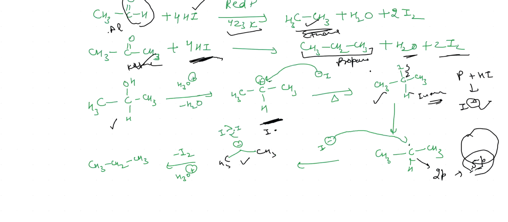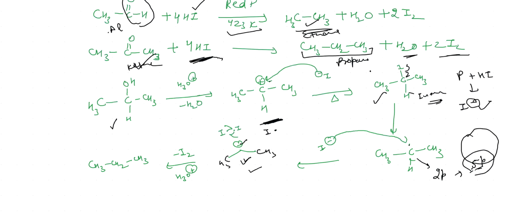This carbon is getting an electron from iodine, then it will acquire negative charge, that is, anionic in nature. Then the last step is attack of H positive at this position.